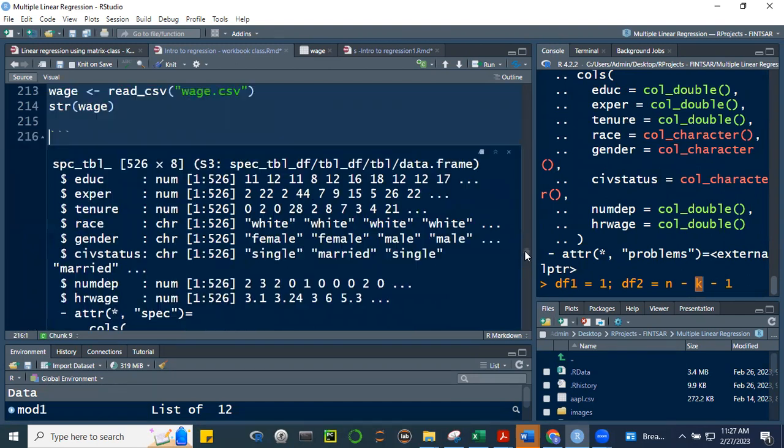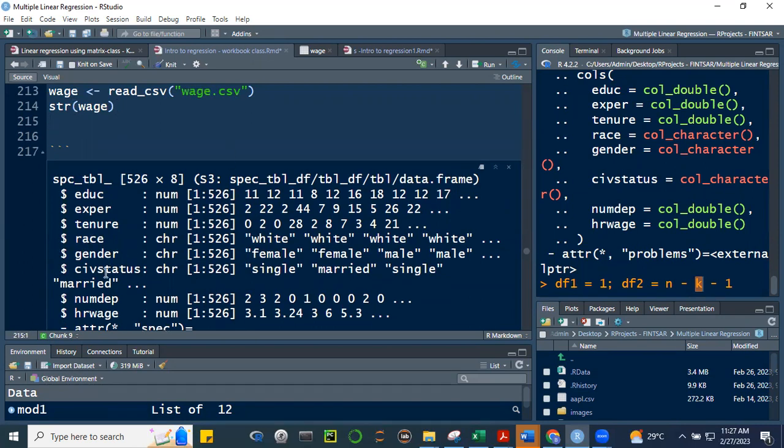Pero it's always good practice, lalo na kung hindi naman masyadong marami, to convert yung mga variables natin, no? So how do we convert race into a factor? So number one, wage$race. Let's do it one by one na lang, no?